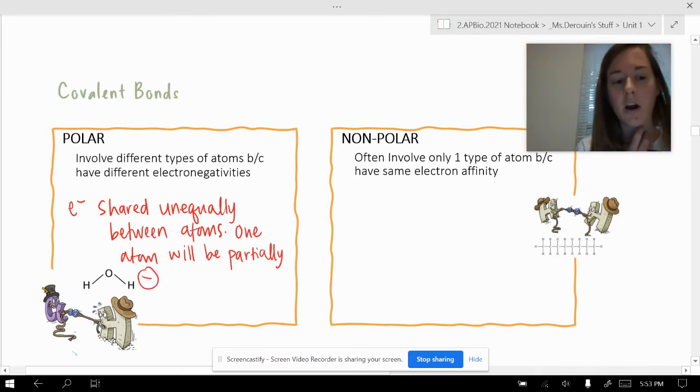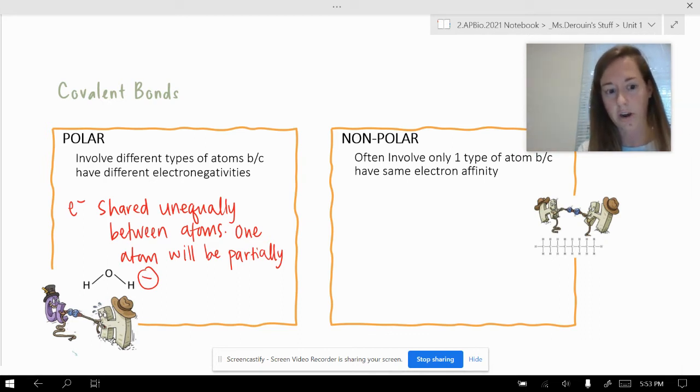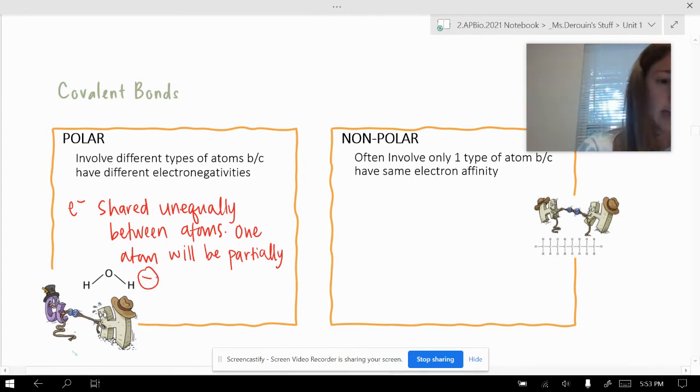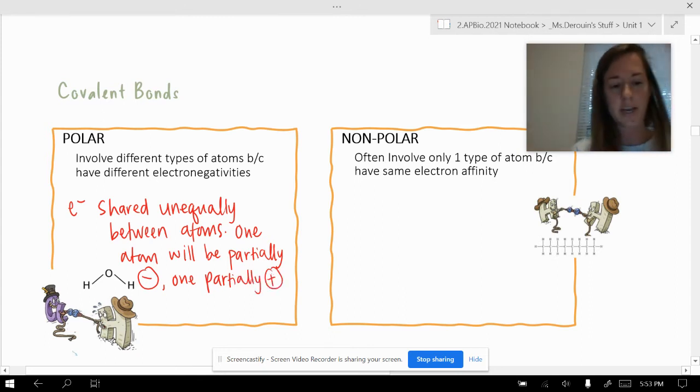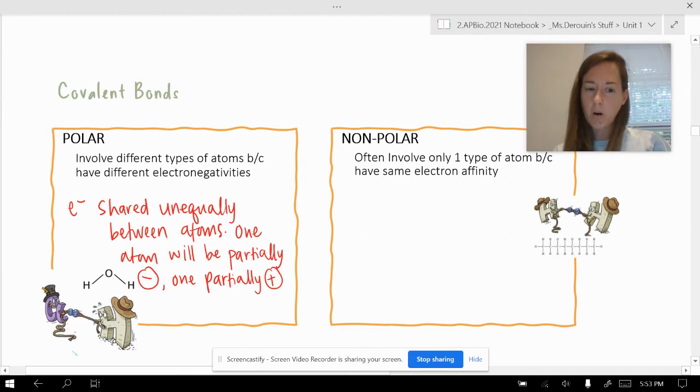That's the one that's pulling harder on the electron, so it will have the stronger electronegativity. Things like oxygen and chlorine have really high electronegativity, so they're usually going to be more negative in a polar covalent bond. And then one will be partially positive. And that's the one that has a weaker pull on the electrons.